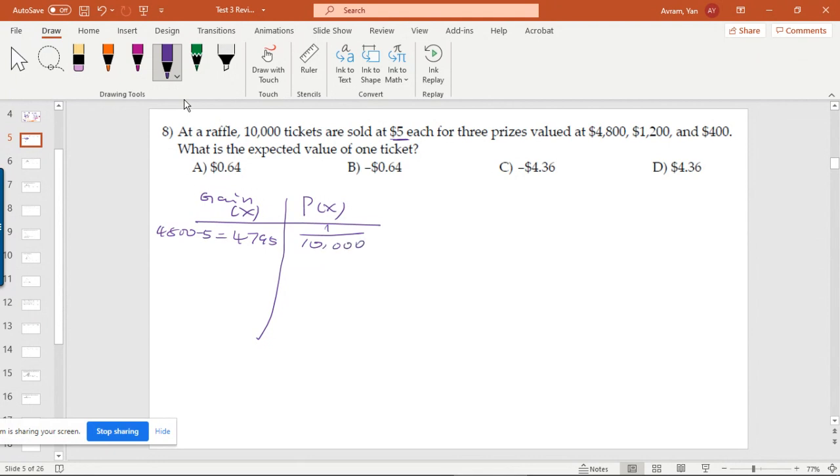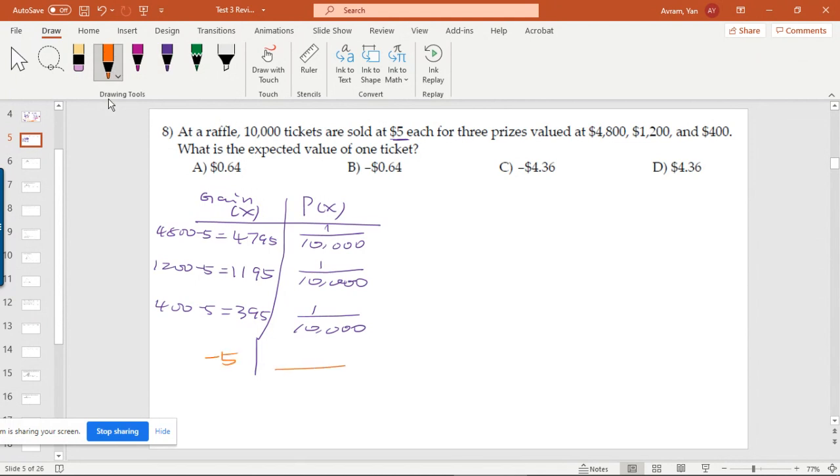The second prize here is 1,200. So if you win, you gain 1195. Similar, this is 1 out of 10,000. If you win a third prize, 400, you're going to have 395. And for those people who did not win anything, you just donate $5. What is the chance you're going to donate $5?